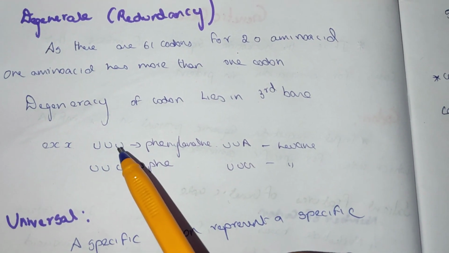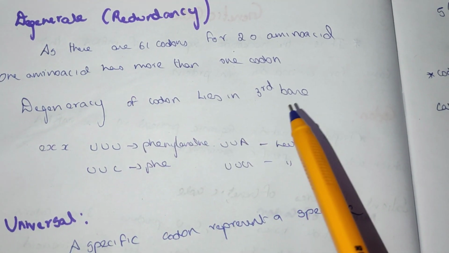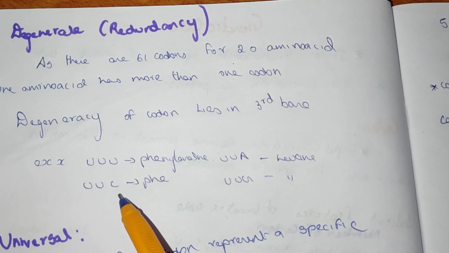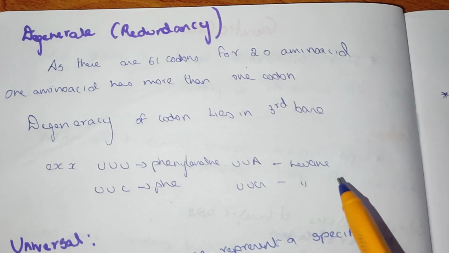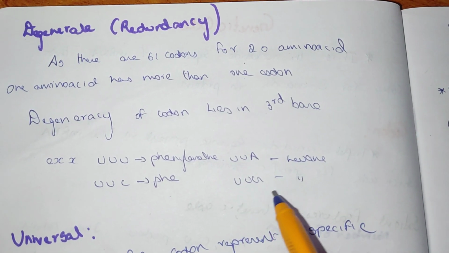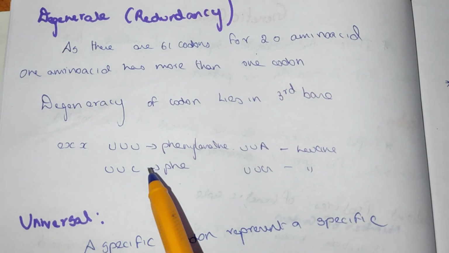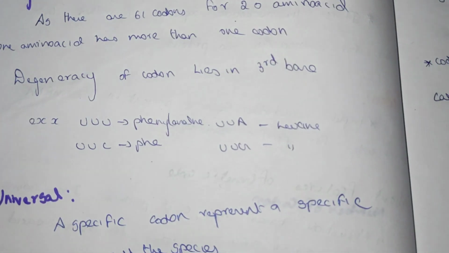For example, UUU codes for phenylalanine, as does UUC. UUA codes for leucine and UUG also codes for leucine. So the third base shows the degeneracy of the codon.